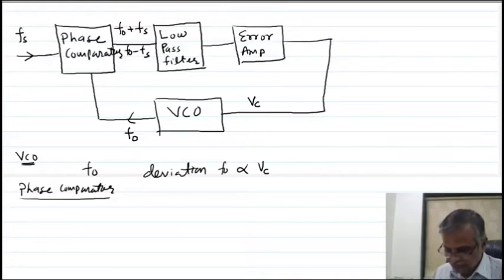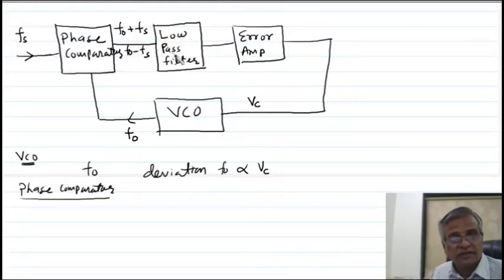As a result, sum and difference frequencies are produced. Already I told you, this is one kind of multiplier.